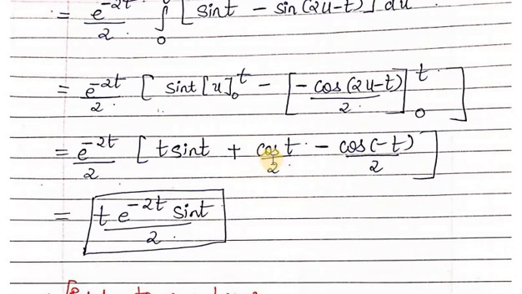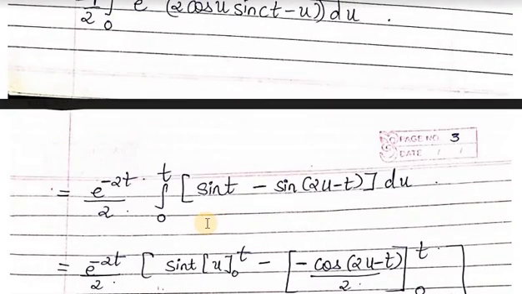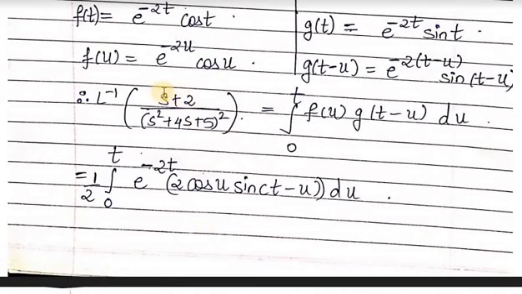So plus cos t by 2 and minus cos t by 2 will cancel out, and the result is e raised to minus 2t by 2 multiplied by t sin t. So this is the inverse Laplace transform of the required function.